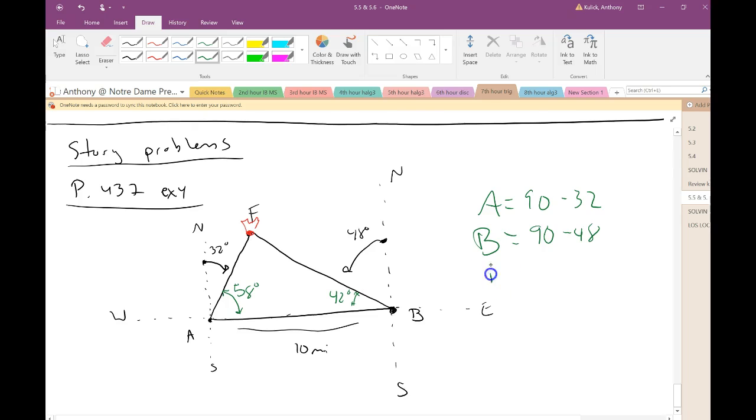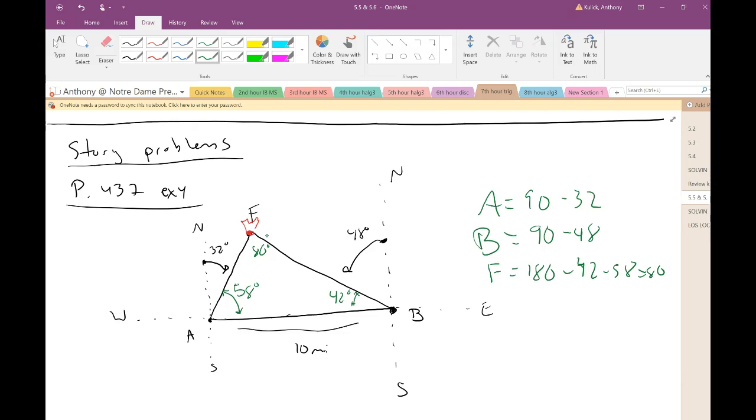The third angle, angle F. How can I get that? Yeah, 180 minus 42 minus 58. Or add them together and then subtract. Either way of doing it is fine. So I get 80 degrees there. Okay?